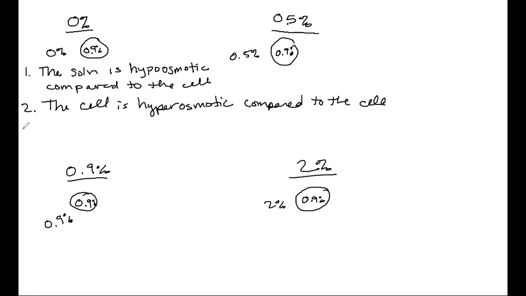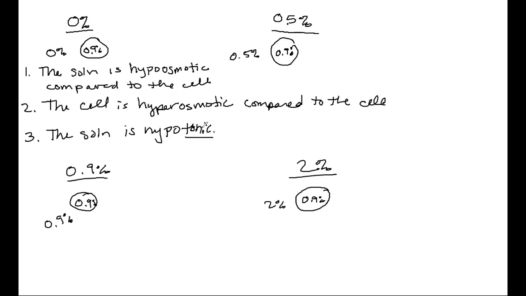Then the next way you can describe this is using tonicity, right? So for tonicity, we're naming the outside solution. So the solution is what? It's less, so it's going to be hypotonic. Okay, do we need to say compared to the cell or relative to the cell? No, we don't, because when we use tonicity, we are comparing it to a cell.